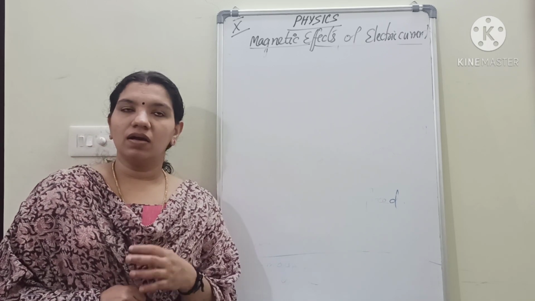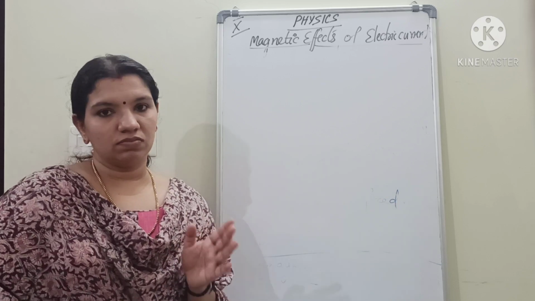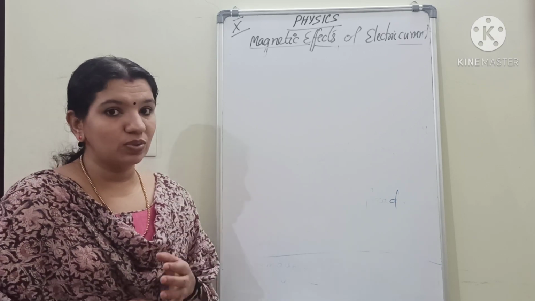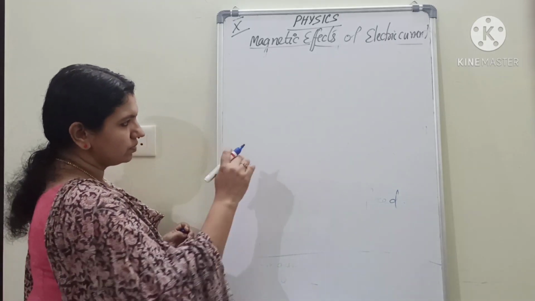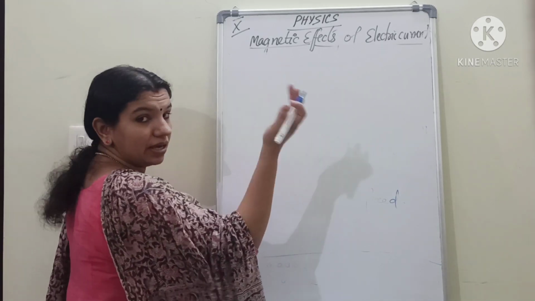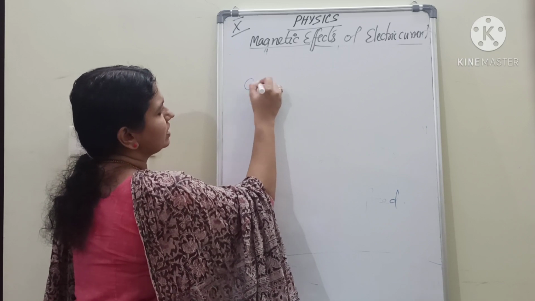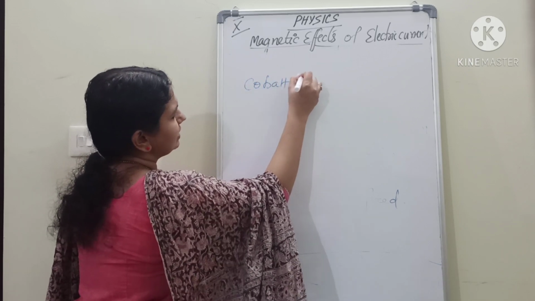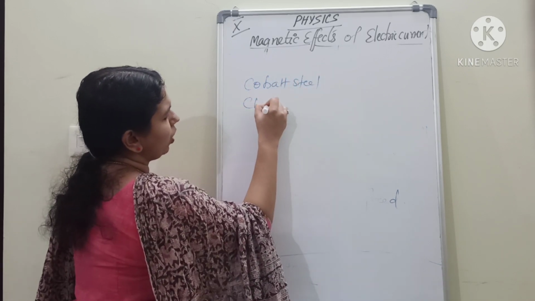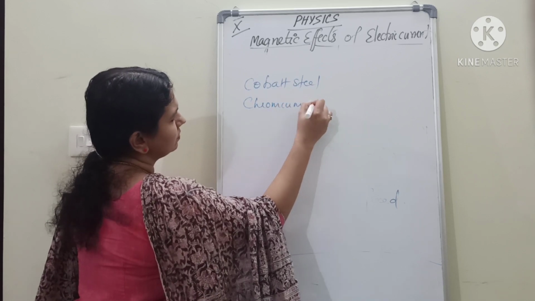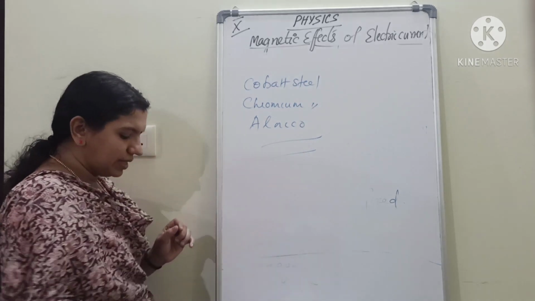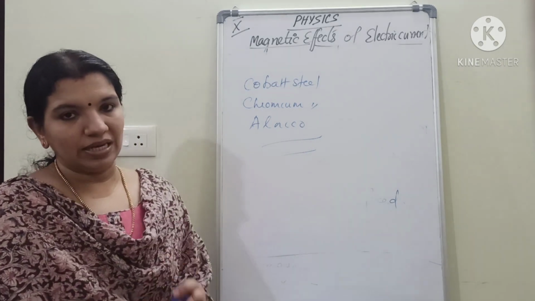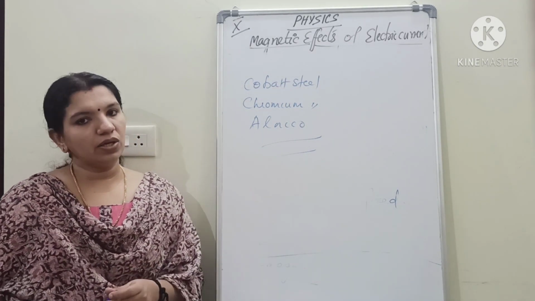And for making permanent magnets, we are using materials like cobalt steel, chromium steel, alnico, carbon steel, and so on.